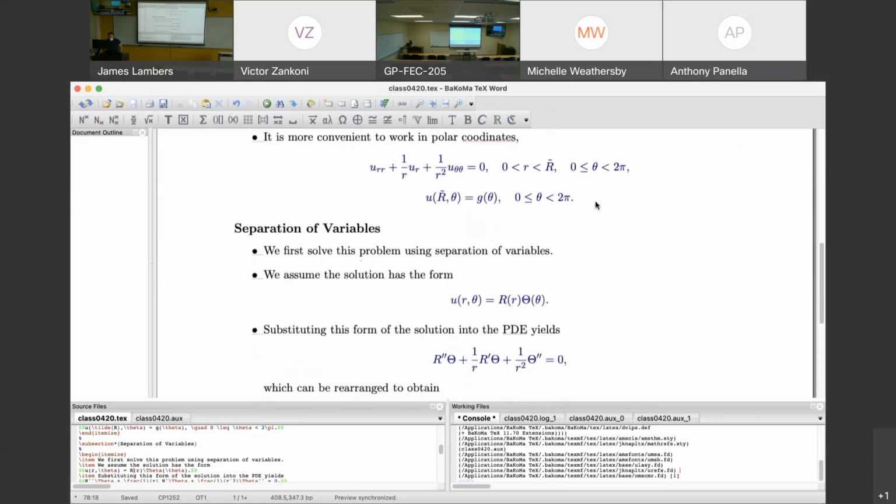So, as before, separation of variables. We take the form of our solution and substitute it into the PDE. So we have derivatives with respect to r, we're taking derivatives of capital R, and derivatives with respect to theta, we take derivatives of capital Theta.